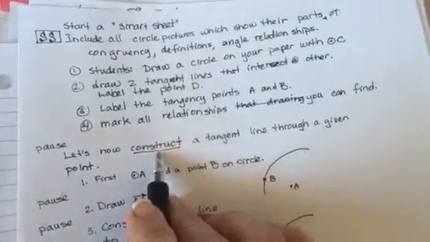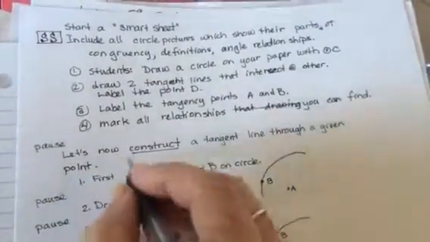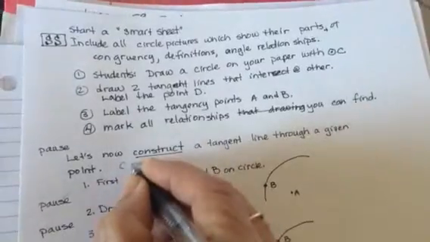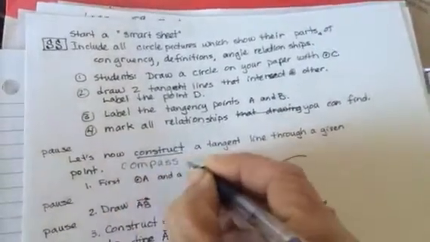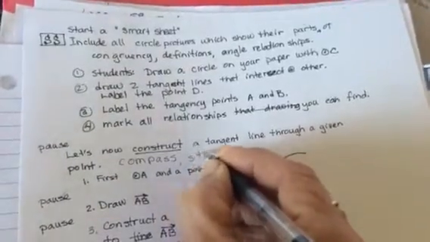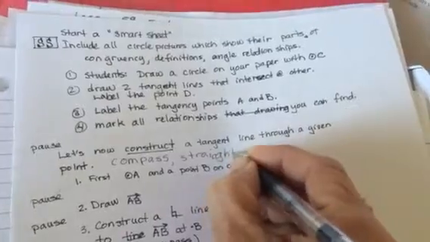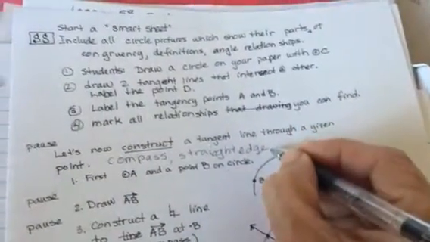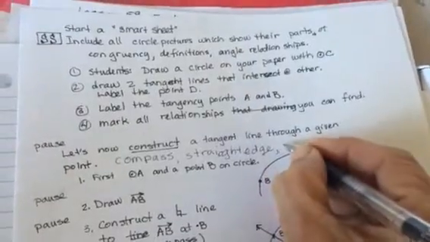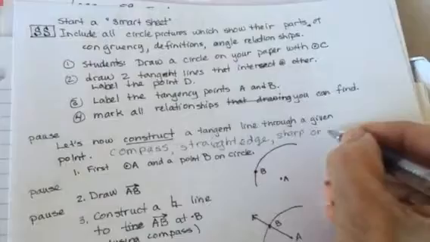Now we need to construct a tangent line through a given point. Make sure you have out your compass, a straight edge, which reminds you that construction does not happen freehand, and a sharp or mechanical pencil.